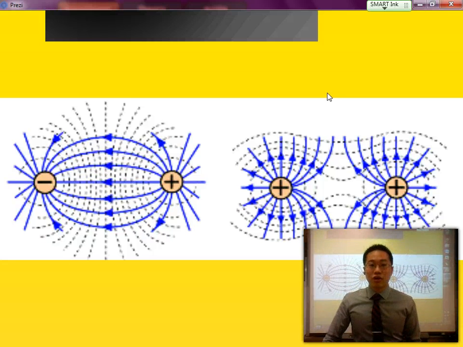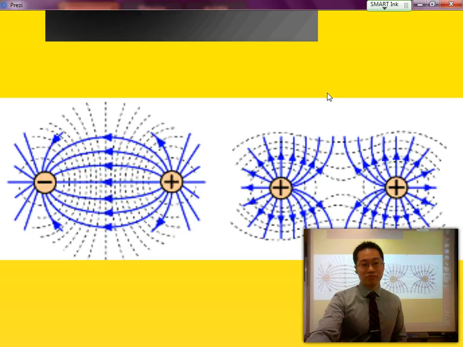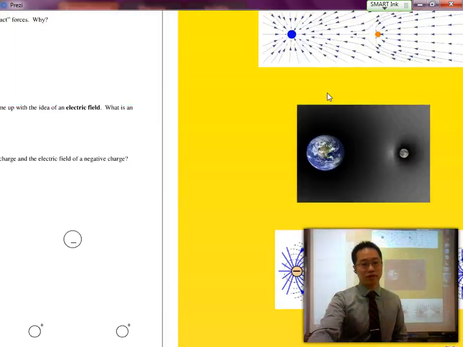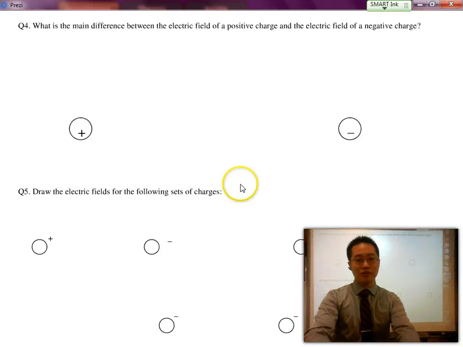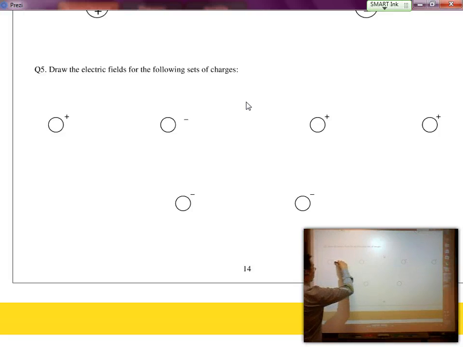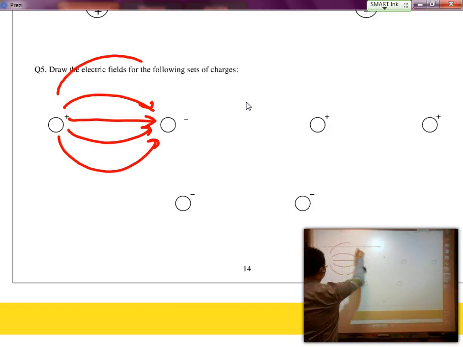We know that the field lines are going to go out of positive and into negative. Let's go back to this drawing. If you were to draw it yourselves, the line is always going to go out of positive and into negative. And the line is going to end up curving because it ends up getting pulled towards that negative charge. So out of positive and into negative.